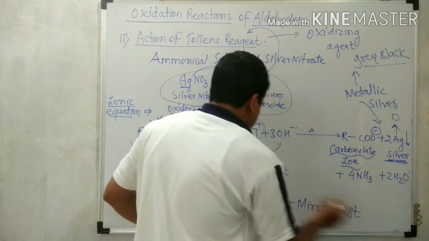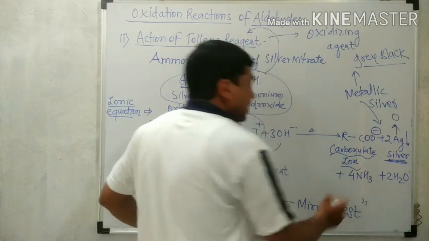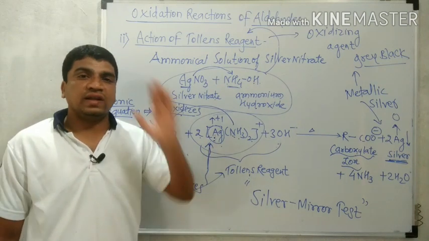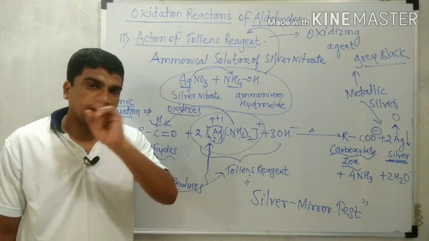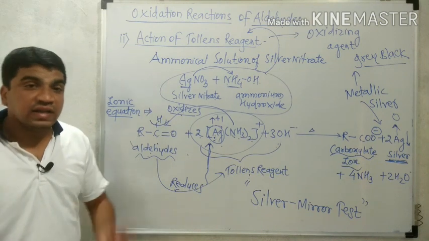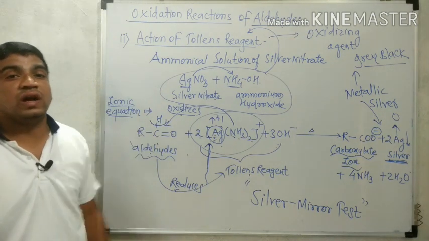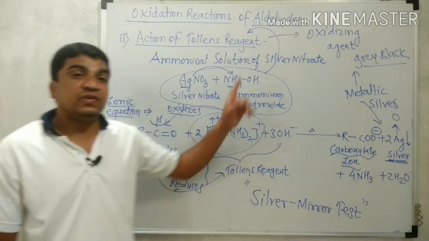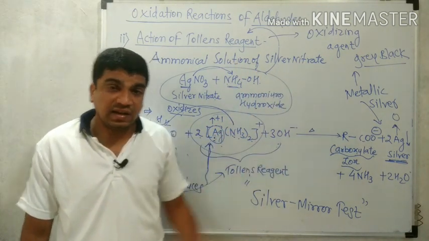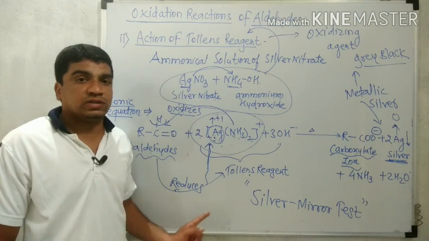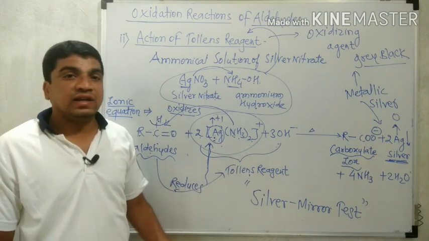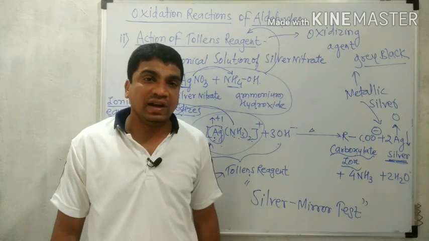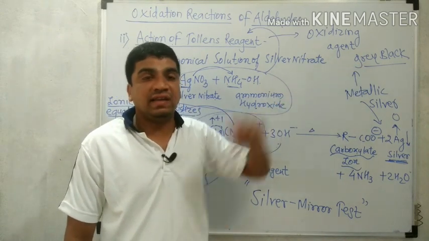Silver mirror test. So the question can be asked again: explain silver mirror test. The action of Tollens reagent on aldehyde: aldehyde oxidizes into the corresponding carboxylate ion, but aldehyde reduces silver ion into metallic silver. The metallic silver obtained is grey-black in color.